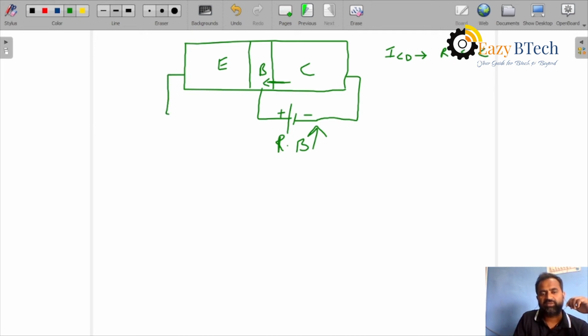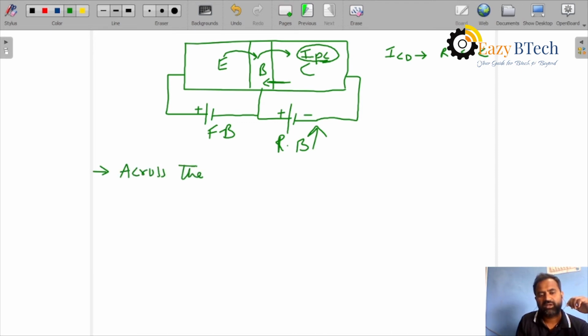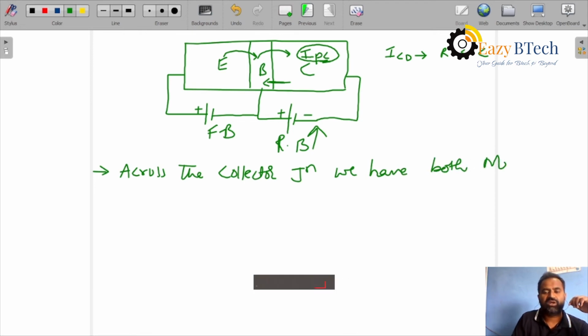And when it is in forward bias, the current from the emitter to the base and from the base to the collector is represented as the IPC current. This is a majority current. It means across the collector junction we have both majority and minority currents.